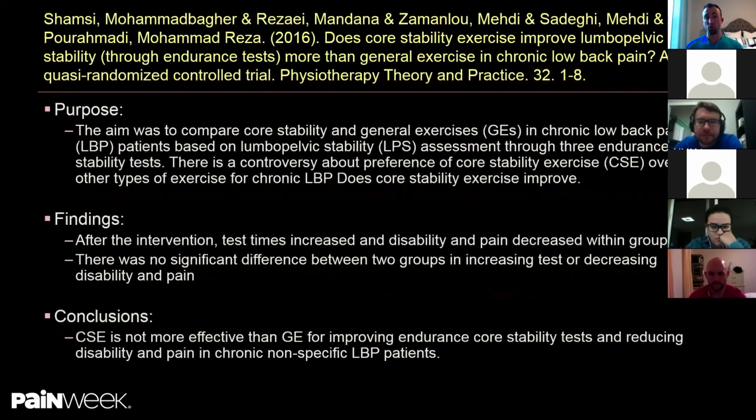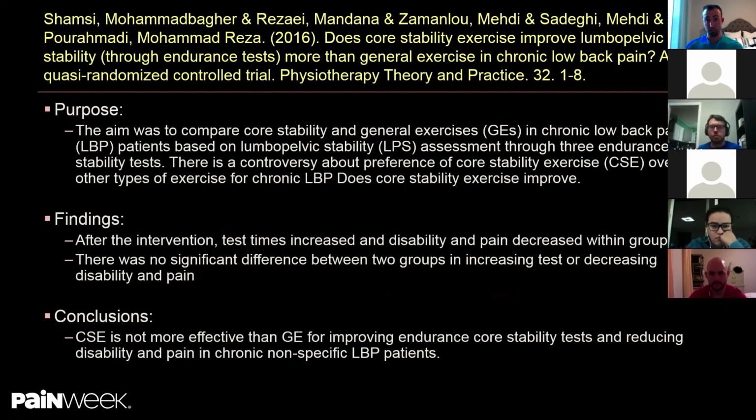Then if you move forward to 2016 with Shamsi again, you see, does core stability exercise improve lumbopelvic stability through endurance tests? So instead of looking at stability tests like the step down and the runner stance test, he was looking at the side plank test for endurance, the curl up test for endurance, and the back extension test for endurance.